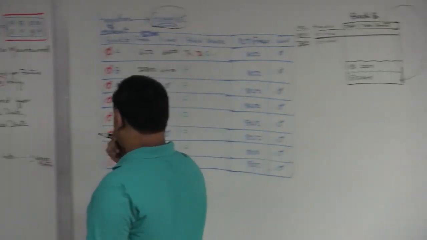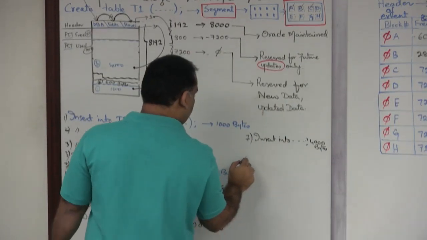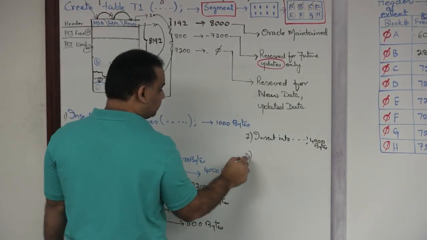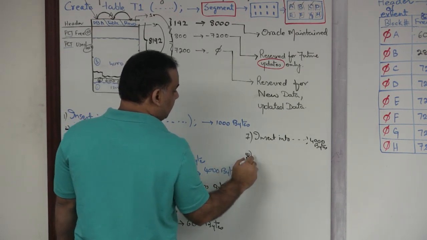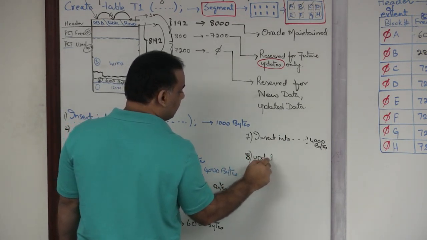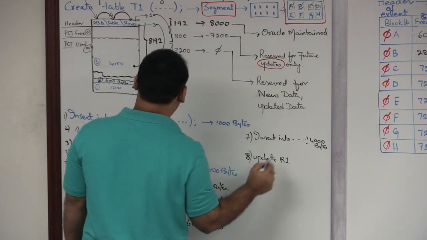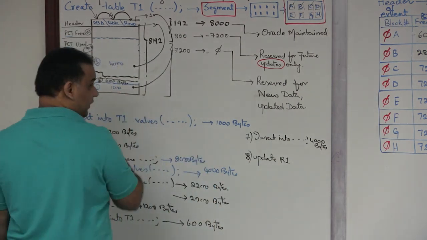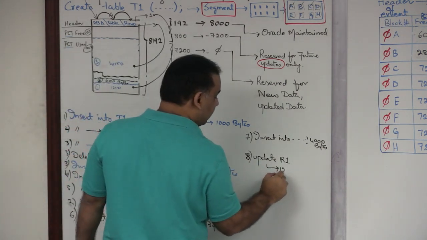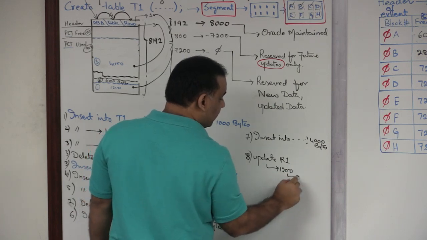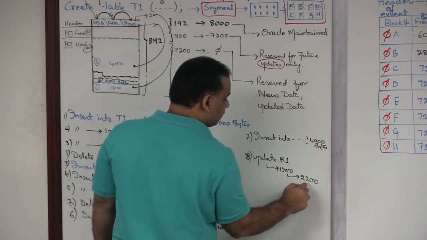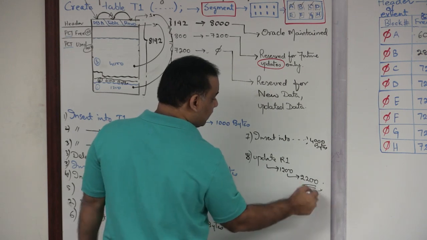Now at this point, I have an update on row 1. Now remember, row 1 is 1,200 bytes, right? Now from 1,200, we'd like to go to 1,500 bytes, and the user says commit.